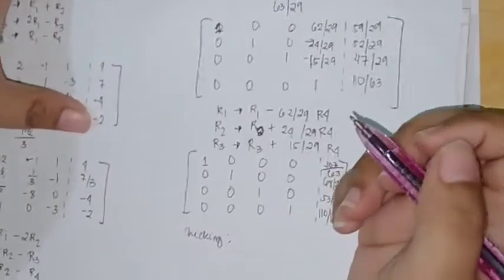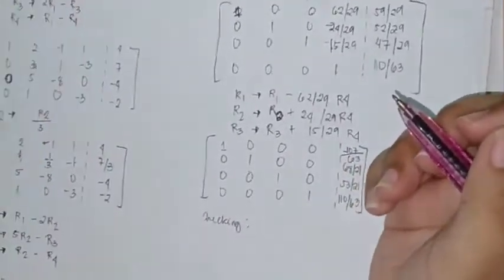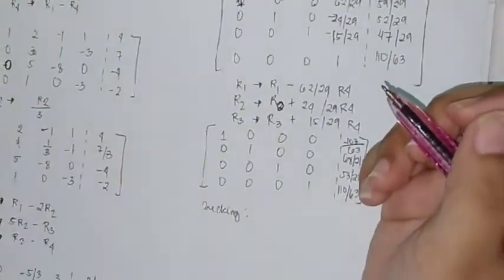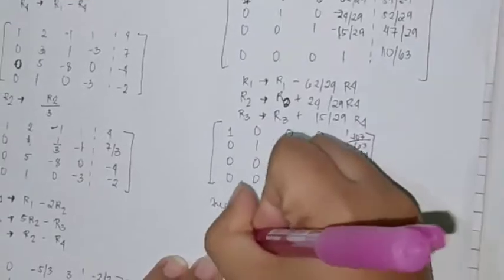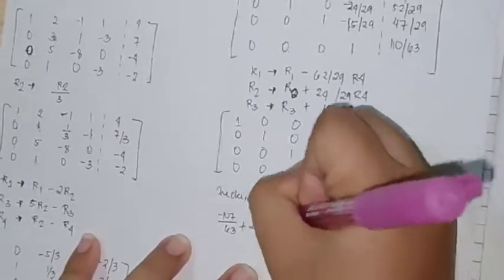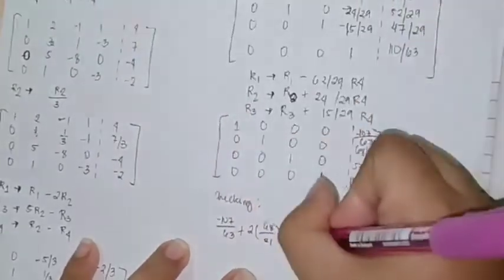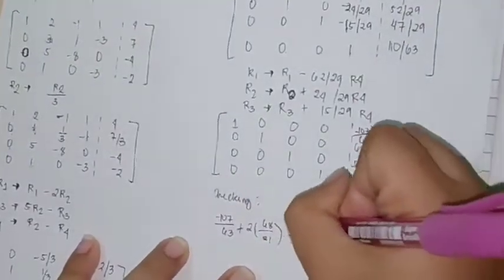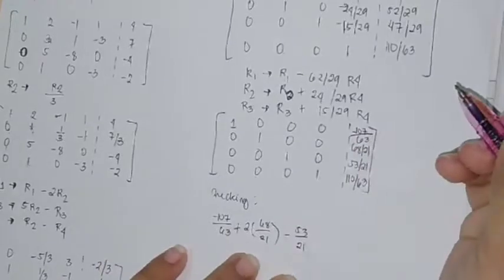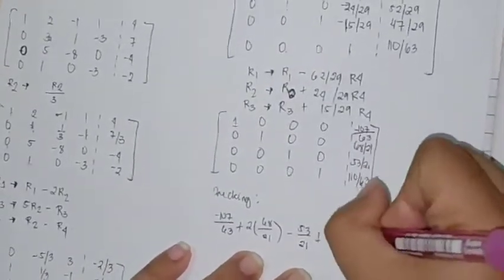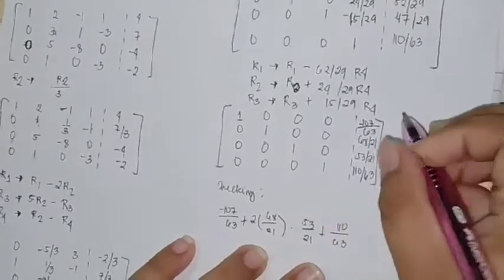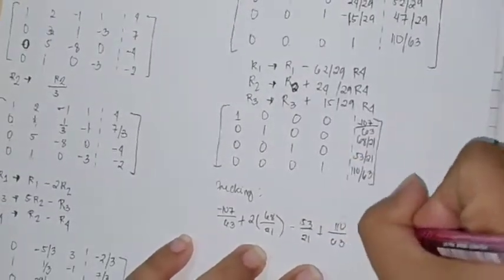So for the first equation, w, negative 107 over 63 plus 2 times x, which is 68 over 21, minus y, which is 53 over 21, plus z, 110 over 63, is equal to 4.